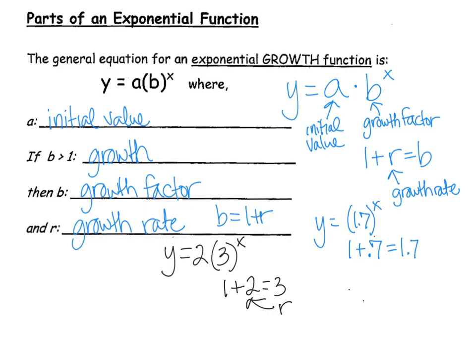So that's a big thing: how much more than 1 is it for growth? Is that clear? Do my two examples, my blue example and black example, give you a little bit of understanding on it? Okay, moving forward.